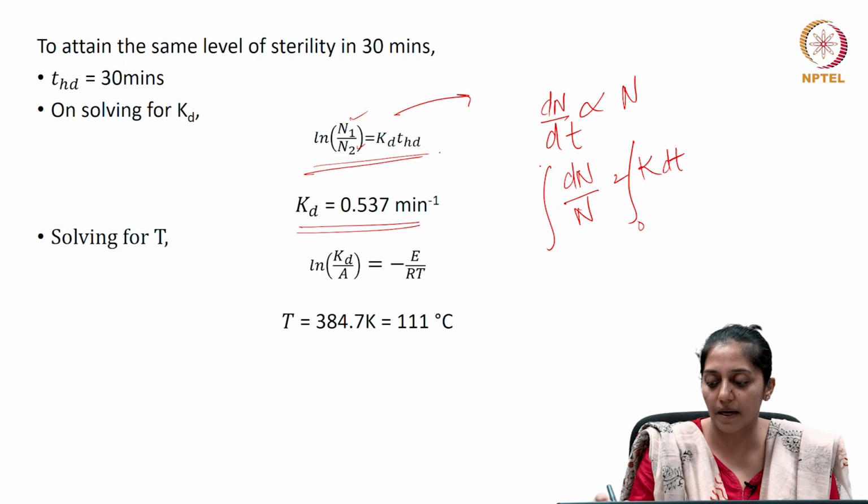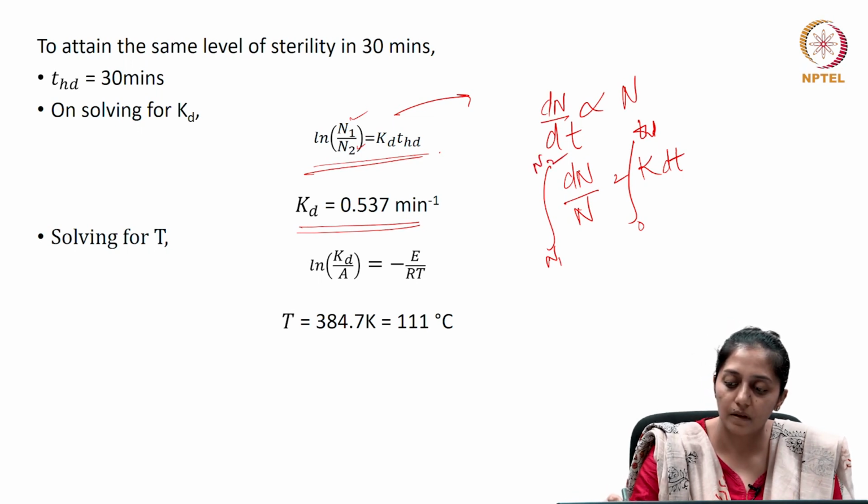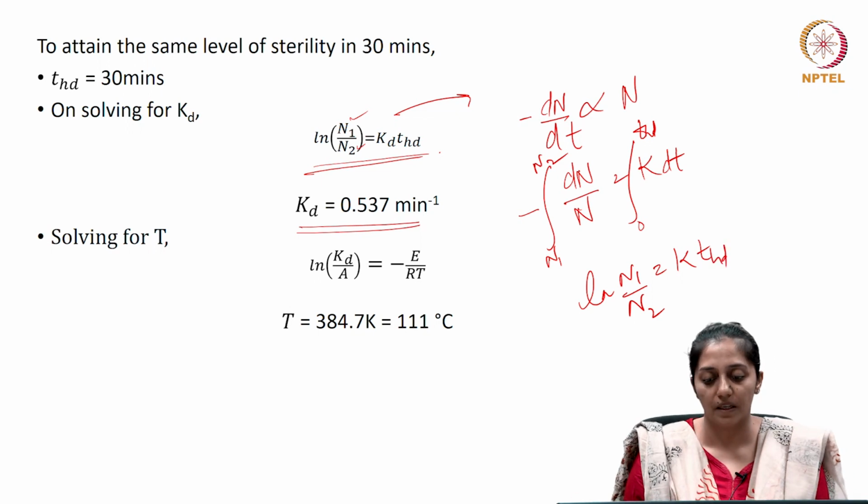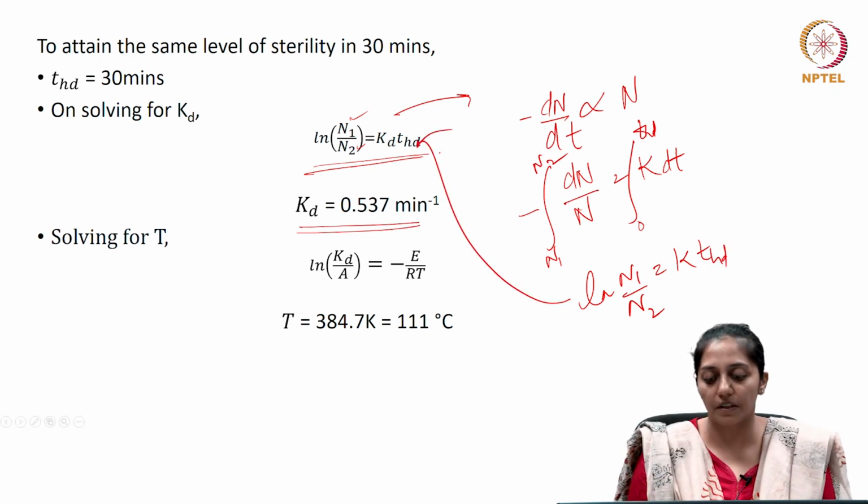This was from the batch sterilization time, integrated from N1 to N2. This is first order degradation kinetics. So this becomes ln N1 by N2 equal to Kd t_HD. This is what is given here.